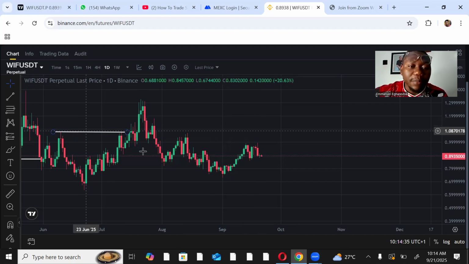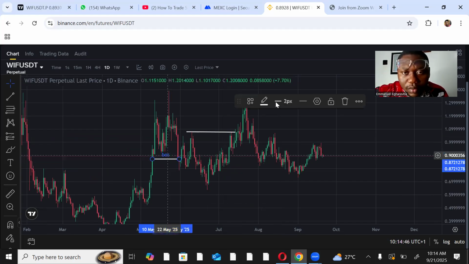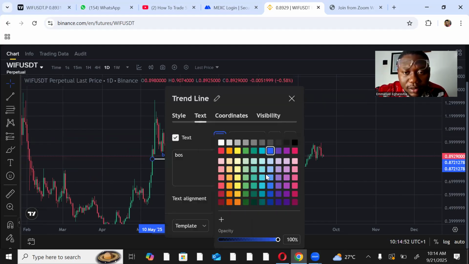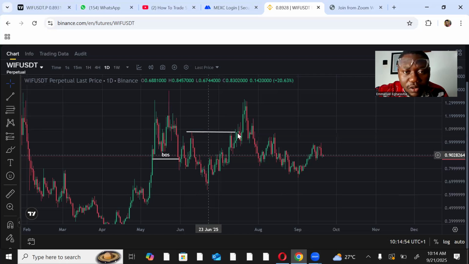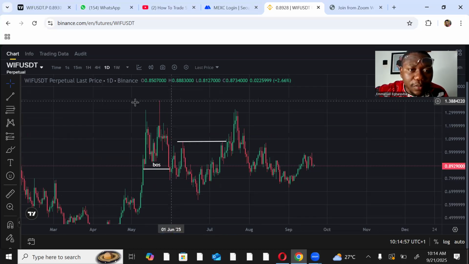So now that we have a break of structure already, let's put this in white. I have a break of structure already, so we want price to come back to fill some imbalance or POI or point of interest, whatever you want to call it. And I can see there's actually one here.